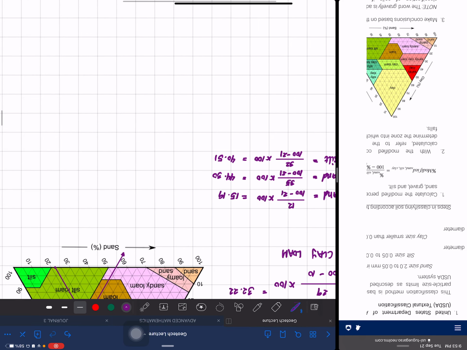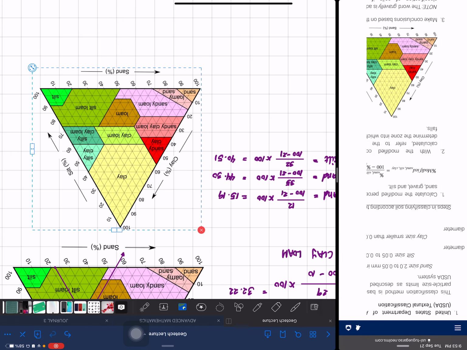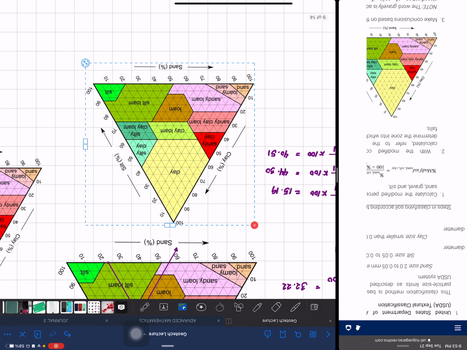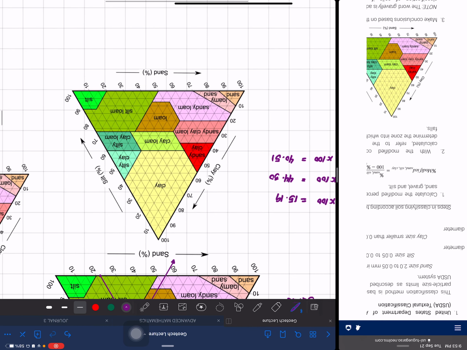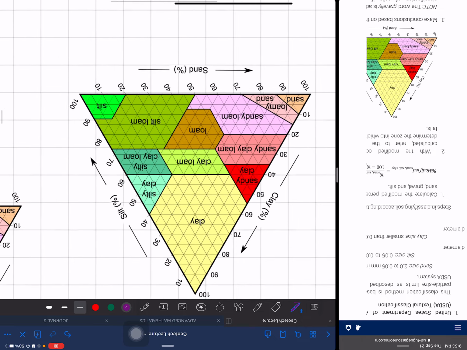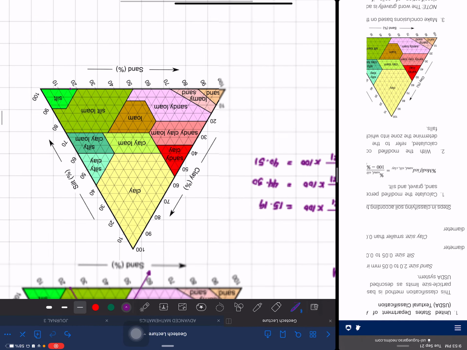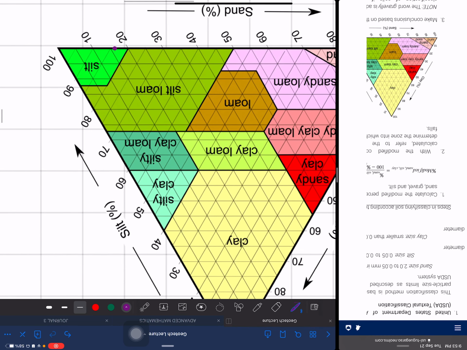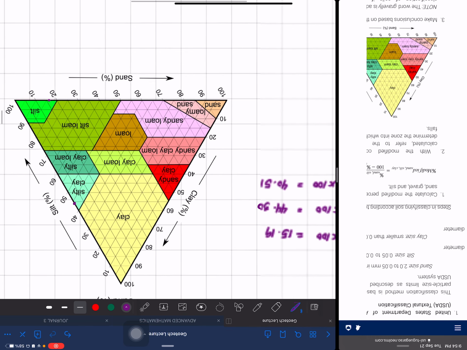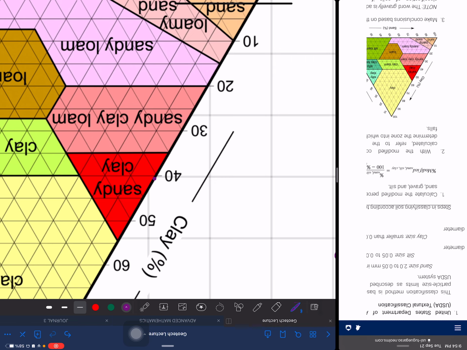Then we're going to plot it similar to the first that we did. So we have a sand component of 15.19. So I think it's somewhere here. Ayan. Then yung silt mo is 44.30. Clay is 40.51. So somewhere here.